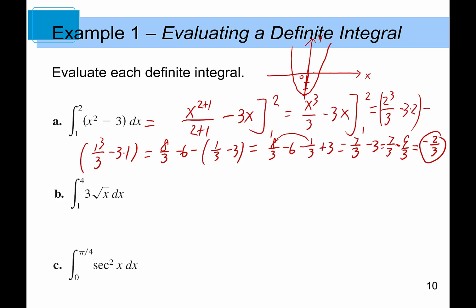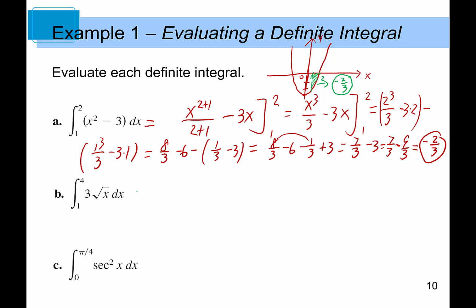So this is 1, 2. Looking at this narrow area right here, since it's underneath the x-axis, that means this area is going to be negative. That's why I end up with negative 2/3 as the area under the curve. Okay, so anytime you see the area under the curve is below the x-axis, the area must be negative.